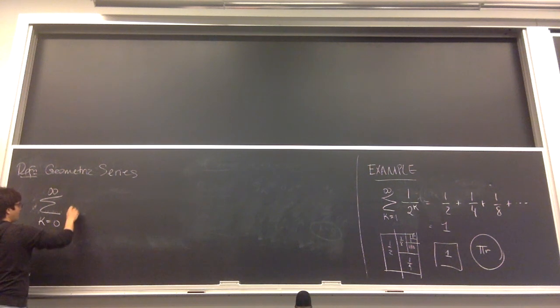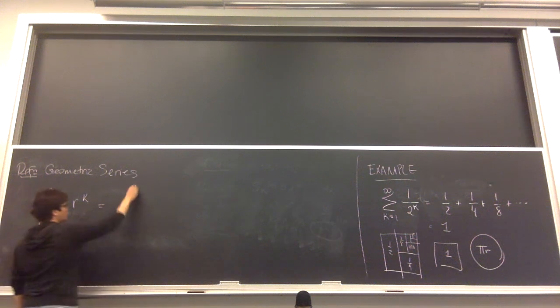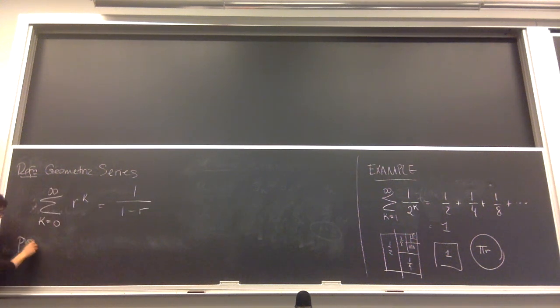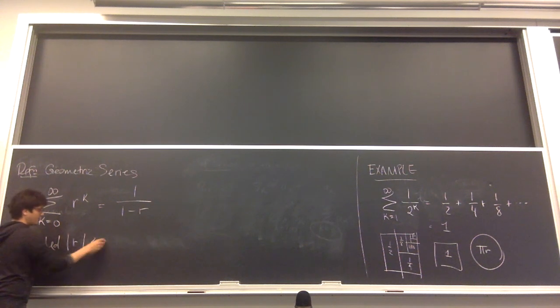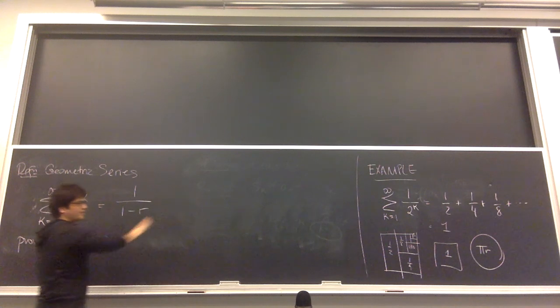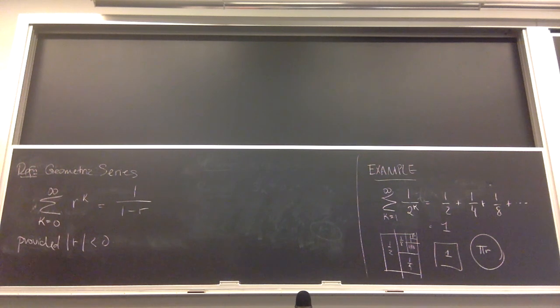If you have r to the power of k, this is equal to 1 over 1 minus r, provided r is a fraction, negative or positive. Doesn't really matter.